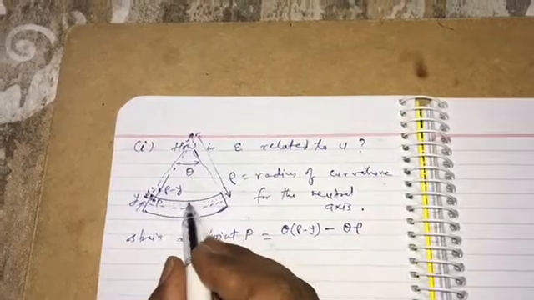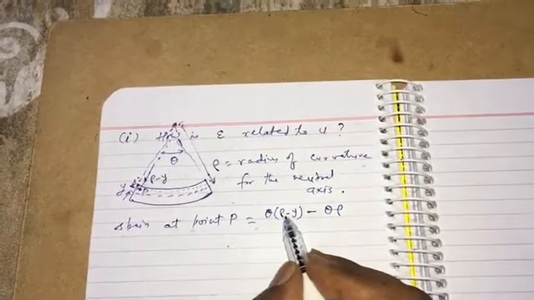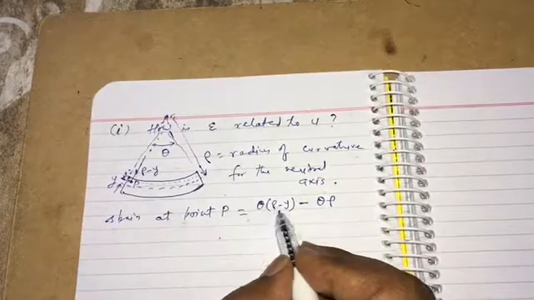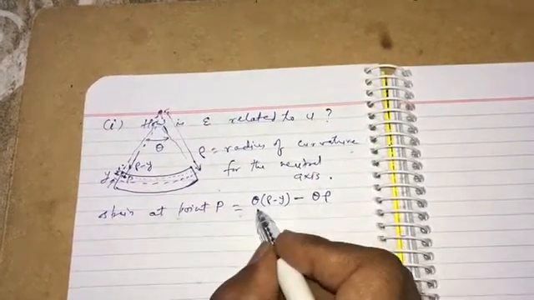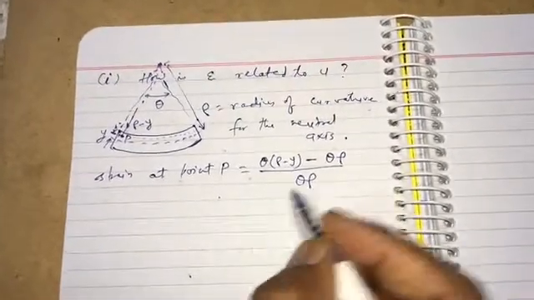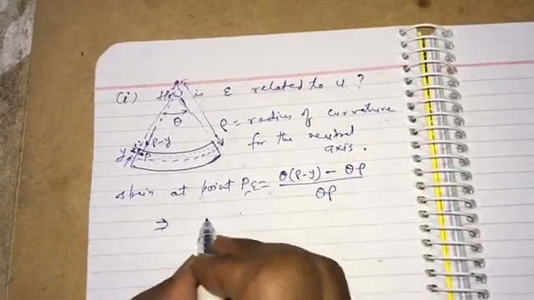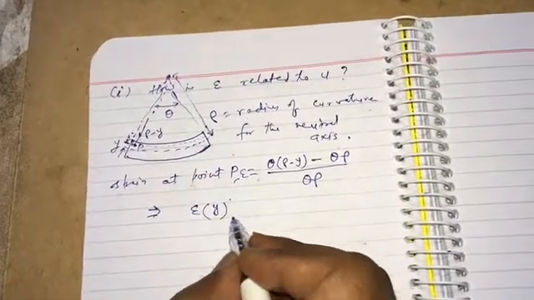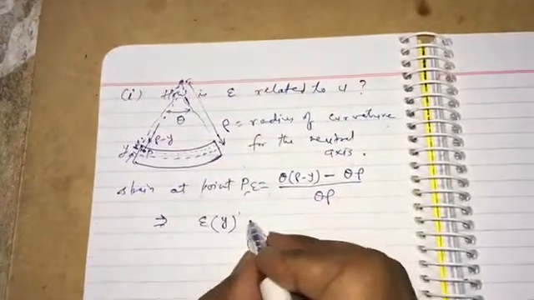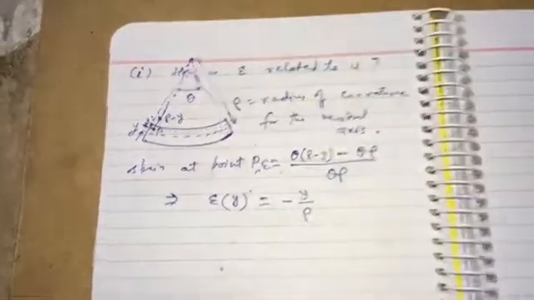However, since it has been bent, the radius of curvature at point P has changed from rho to rho minus y. Hence, the change in length at y from the neutral axis is theta times rho minus y, minus theta rho, divided by theta rho, which is the original length. This becomes the strain at coordinate y, at height y from the neutral axis, and is given by minus y over rho.